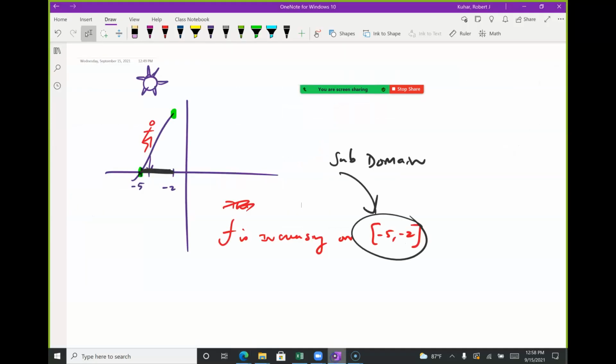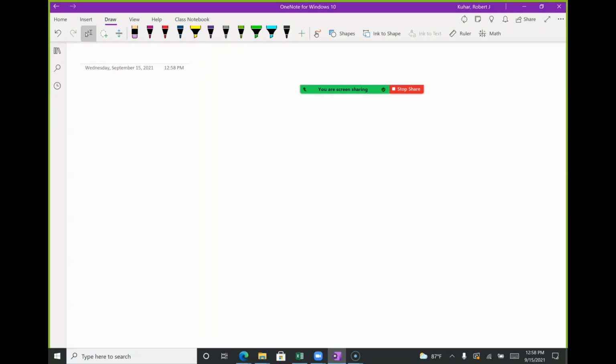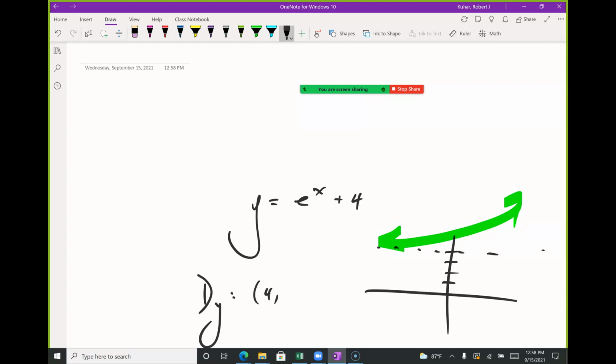Let me just write it this way. If I've got y equals e to the x plus 4, I've got that particular graph, 1, 2, 3, 4, and it's giving me this curve here, okay, and my domain is 4 to infinity, right? There's a horizontal asymptote that it never gets to.